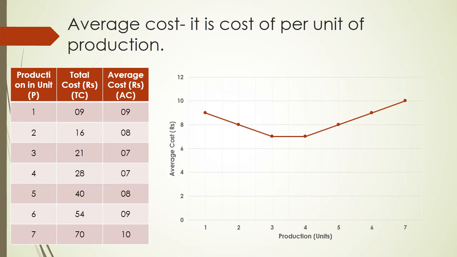Here also you can see the pattern. First it decreases, then it remains constant and then it rises, right? So here your average cost curve becomes U-shaped, right?